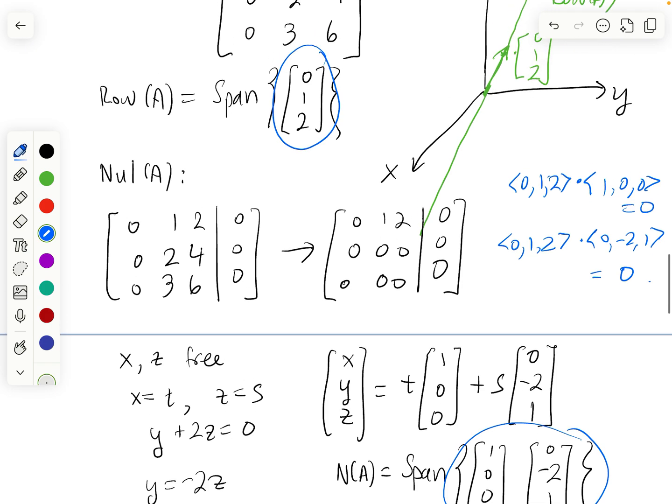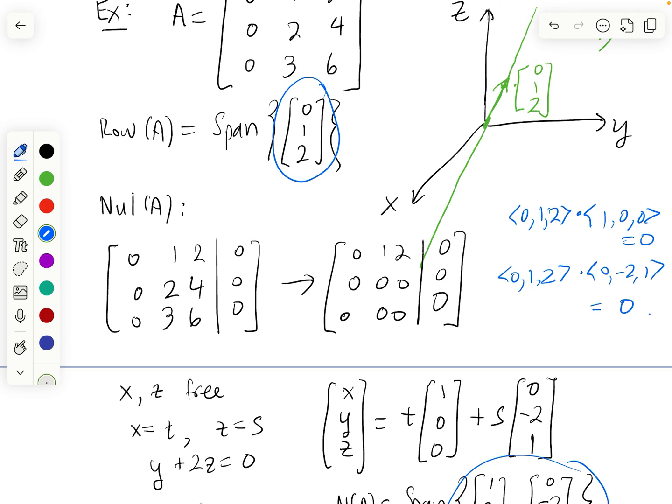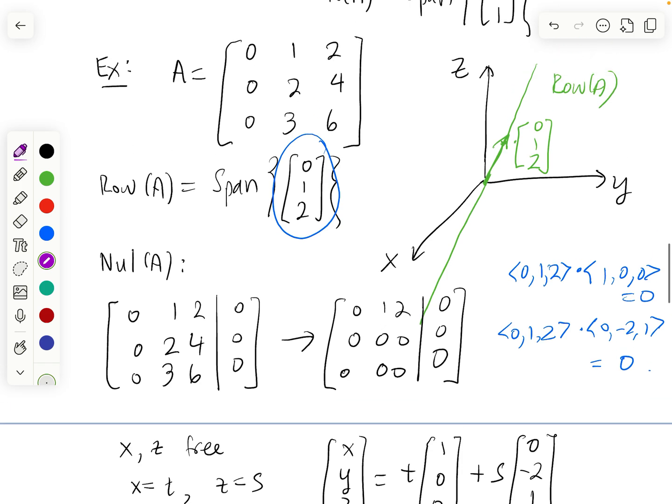So what the null space is going to look like, if you draw an accurate picture, is the plane that's orthogonal to this line. It needs to make a 90-degree angle, so it's going to be something like this.